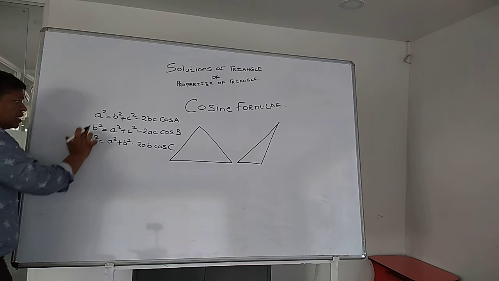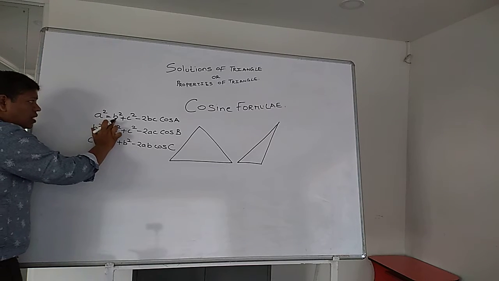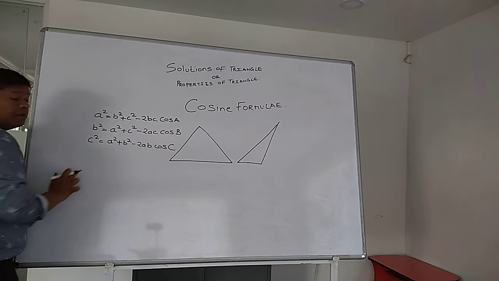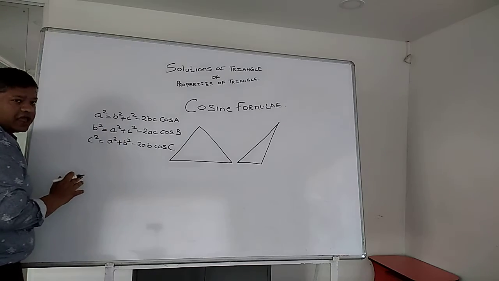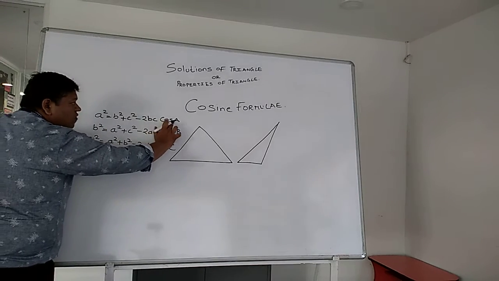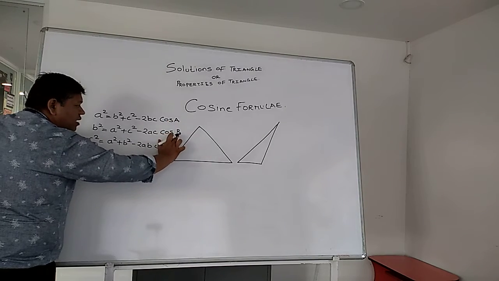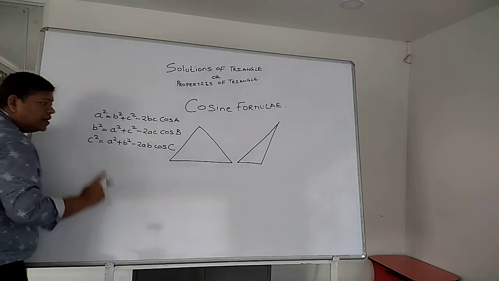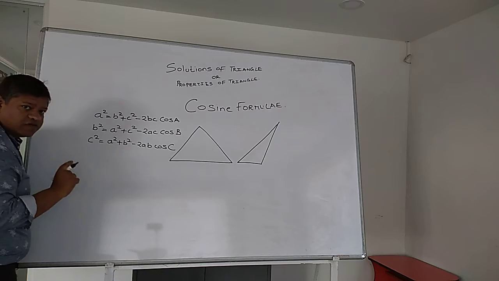As you can see, small a, small b, small c represent the three sides of the triangle, while cos of angle A, cos of angle B, cos of angle C represent one of the angles of the triangle.